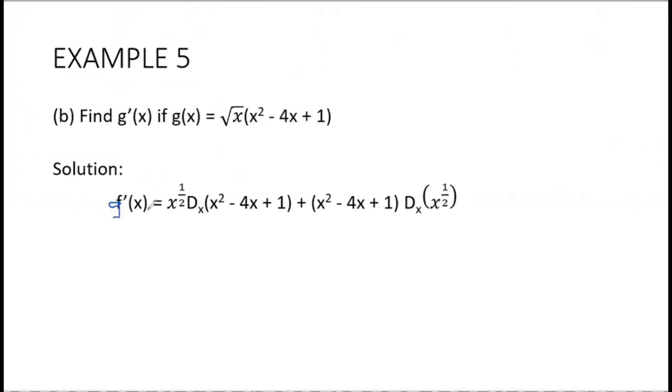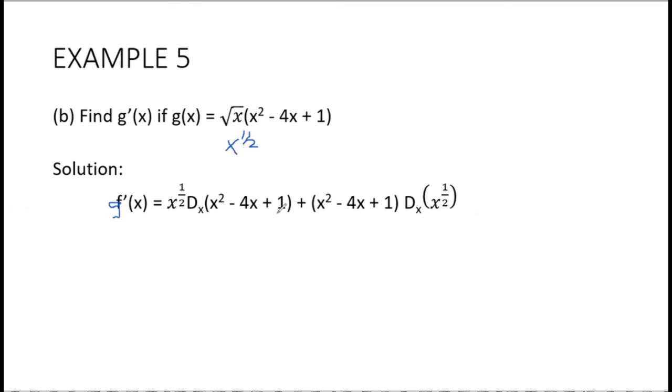So g prime of x equals a given function, square root of x, also the same as x raised to 1/2 times the derivative of x squared minus 4x plus 1, then plus function x squared minus 4x plus 1, then derivative of x raised to 1/2.